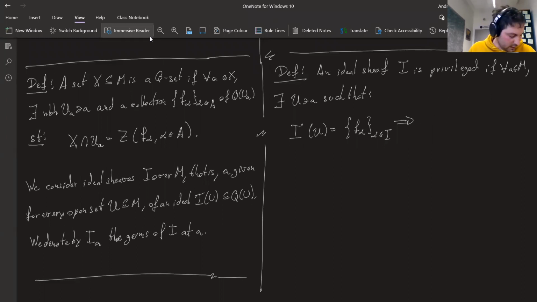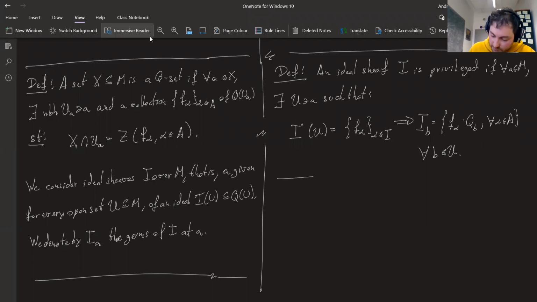the germs at B are just going to be given by all of these functions f alpha, their germs at B, for all alpha in this A and for all B in the open set. So it means that you actually have functions which generate over the open set all of the germs of this open set.